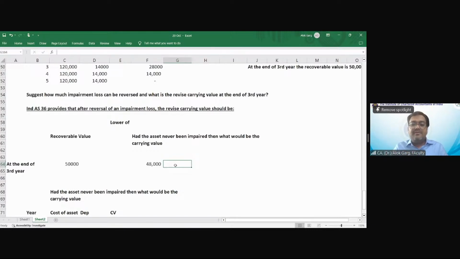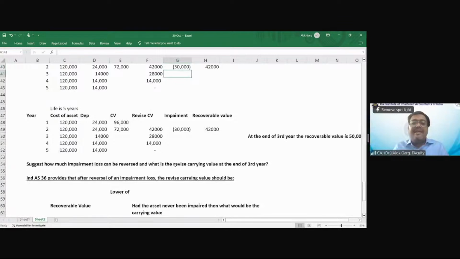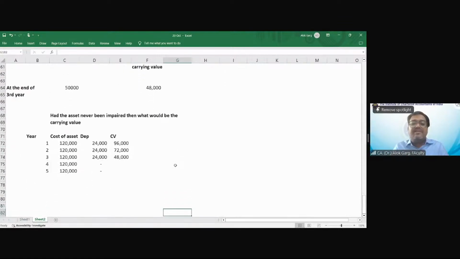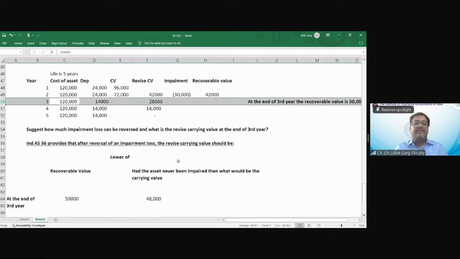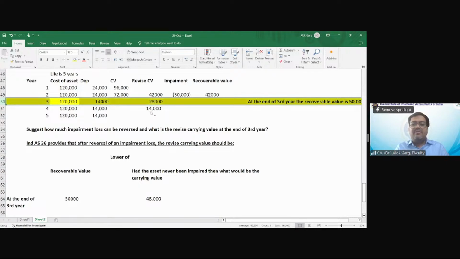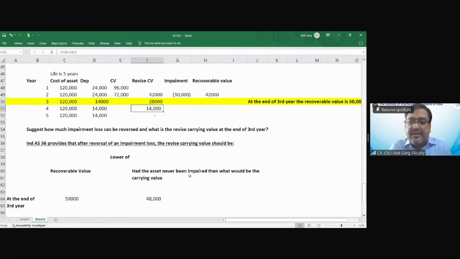So friends, what is my existing value at the end of third year? 28. Existing value at the end of third year is 28,000, correct?